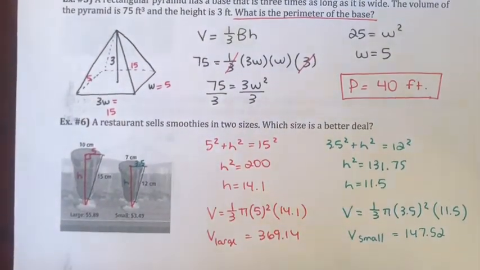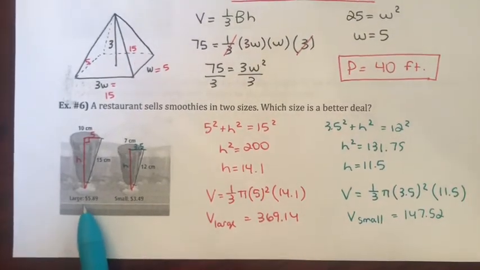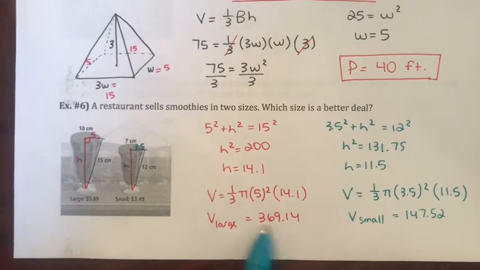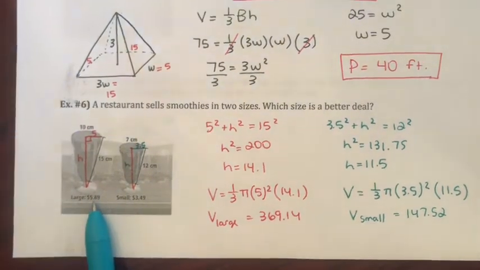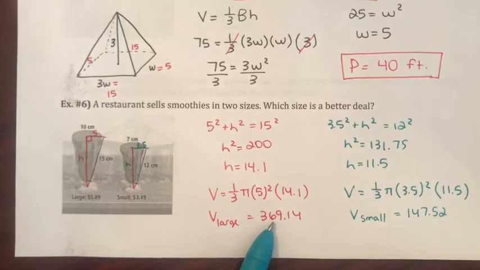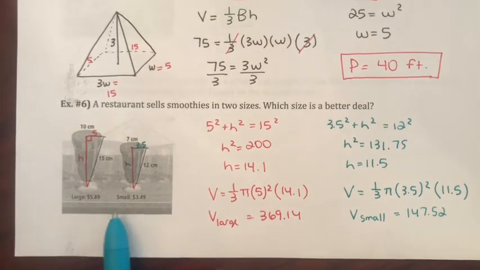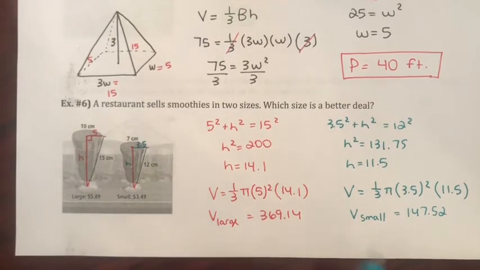Okay, now in order for us to figure out which is the better deal, we know that the large costs $5.89. So if I were to take $5.89 and divide it by the volume, we would find the price per cubic centimeter.